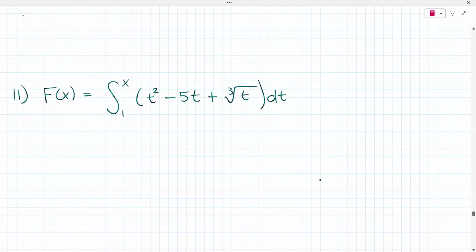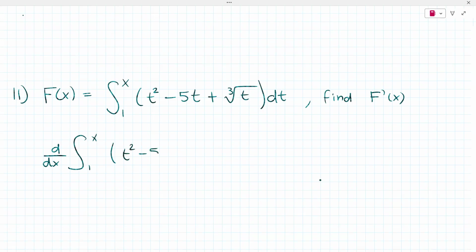So same idea, we have to find f prime of x. So I'm going to apply fundamental theorem part 2. So you're going to set it up as d over dx of the integral from 1 to x, and maybe I'll rewrite this as t squared minus 5t plus the cube root of t, which is the same thing as t to the 1/3, dt.